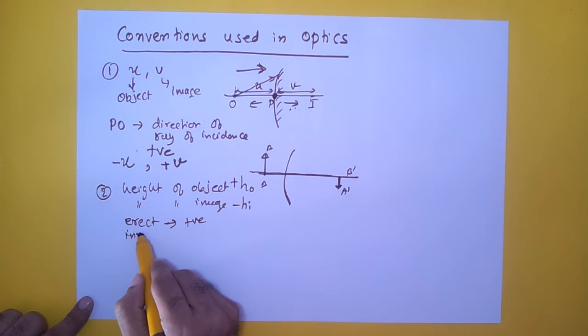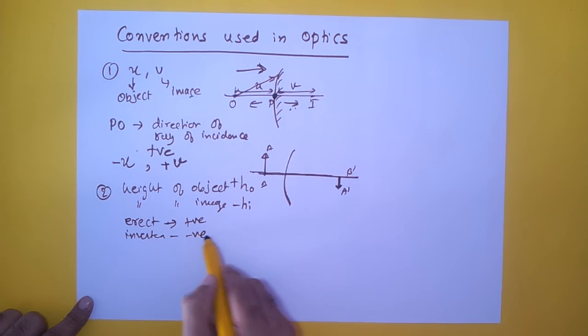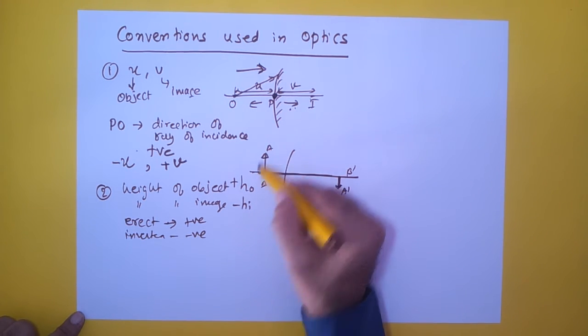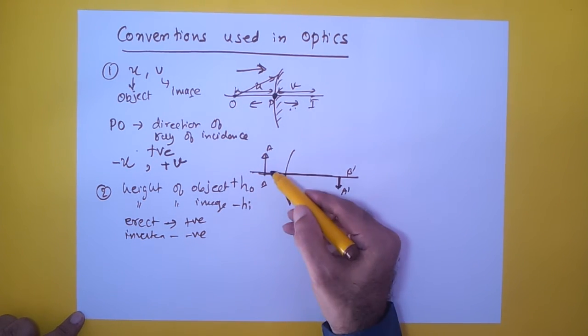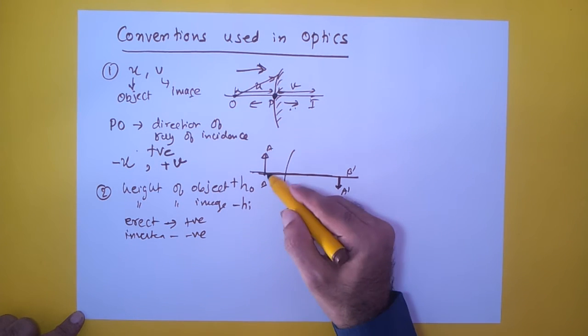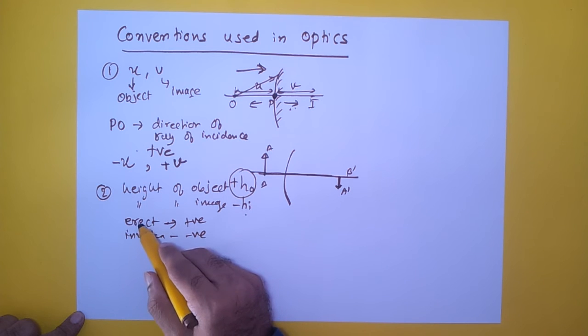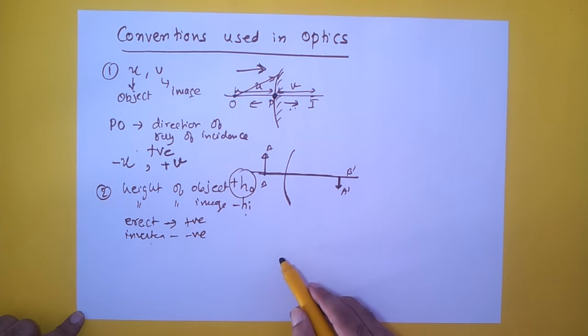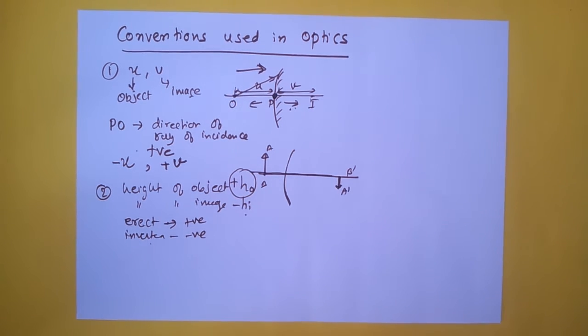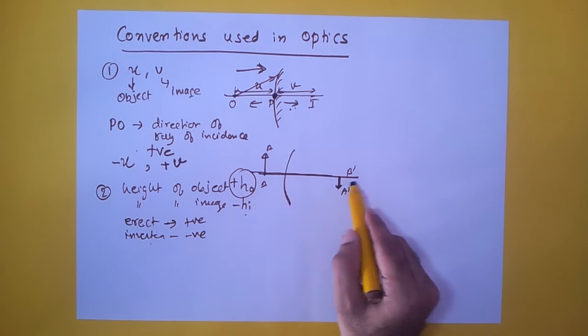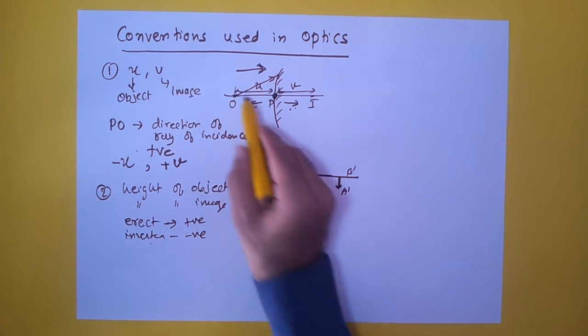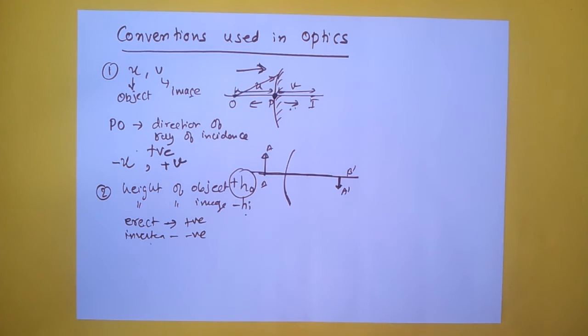If it is inverted, it will be negative. Of course, the height of the object, HO, will always be positive because we're never going to keep an object inverted. HI, if it is erect, positive. If it is inverted, negative. So this is the second convention we will use for height of the object and height of the image. In this case, it is with reference to the principal axis, whereas earlier it is along the principal axis.